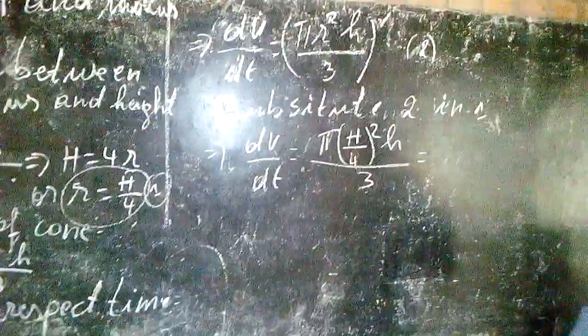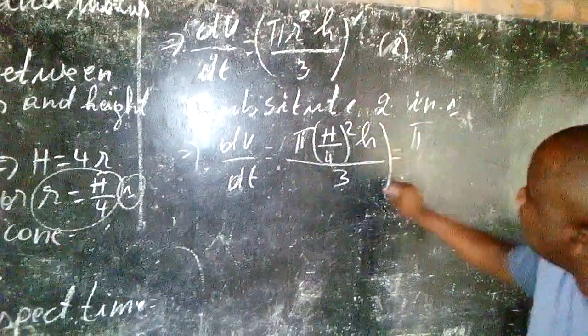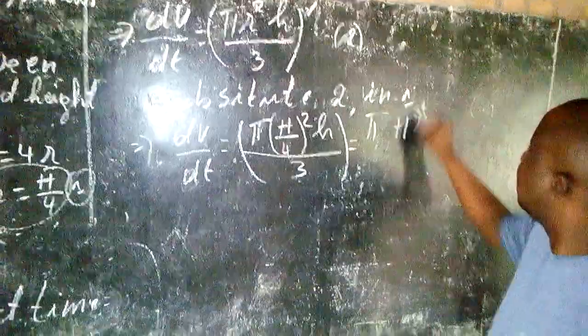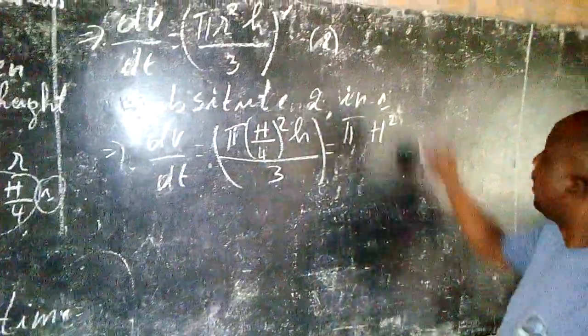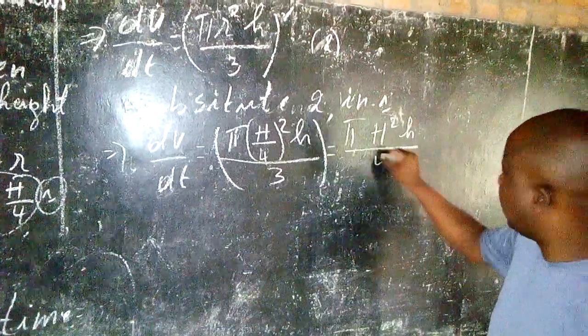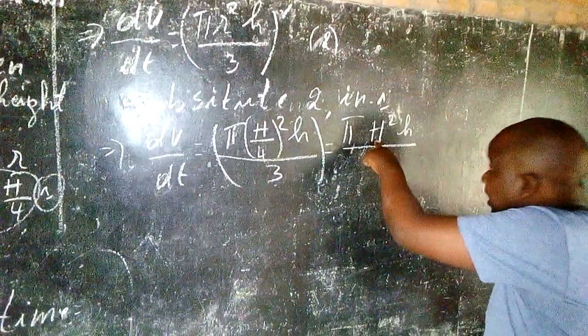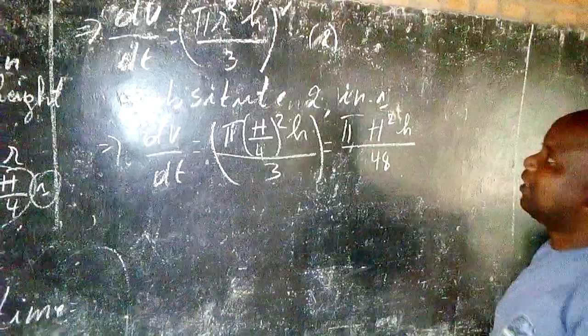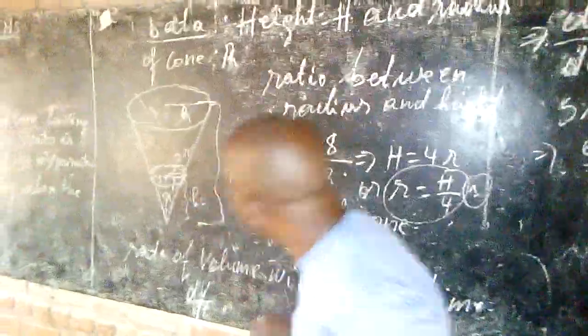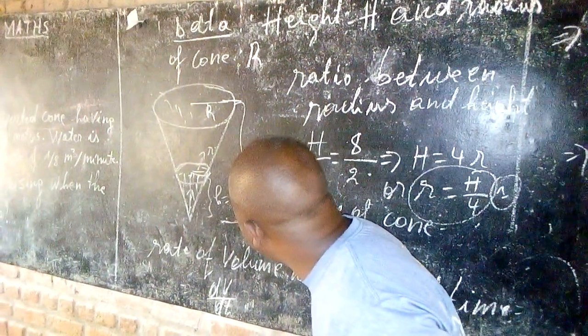Now we get pi, then the derivative: pi h square times h over 48. Now, this capital H is the maximum height and this is the variable height, and we are going to focus on where the water is at a depth of 2.5 meters.